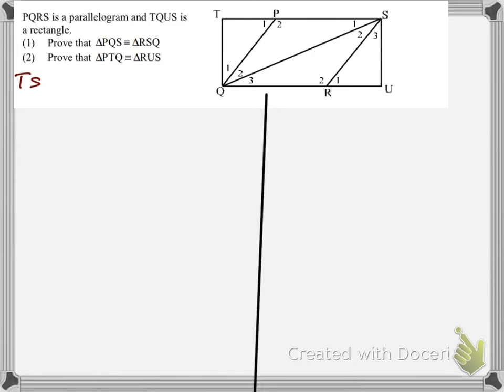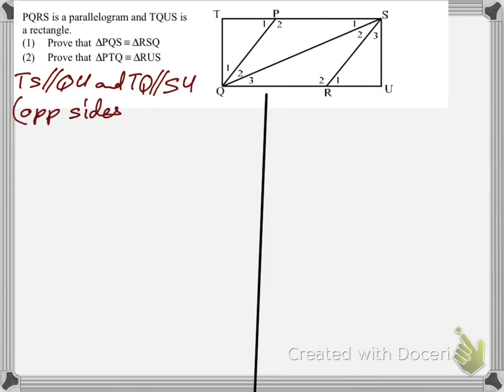So we are going to populate the diagram with the information given and the information we know about the shapes. So we are going to say TS is parallel to QU and TQ is parallel to SU. Why? Because these are opposite sides of a rectangle, right? 2 pairs of opposite sides are parallel in a rectangle.